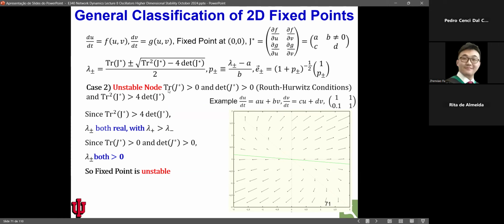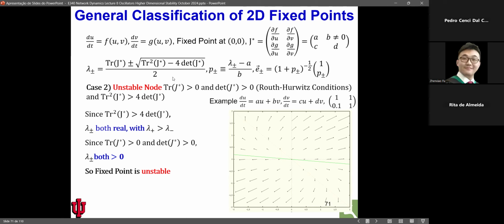This is an unstable node. Suppose that the trace of J star is larger than 0, and the determinant, you remember, should be less than 0 to be stable. If this is larger than 0, then it will be an unstable node. And I'm going to suppose that the square is larger than that, so both lambda are real, you don't have a complex number here.